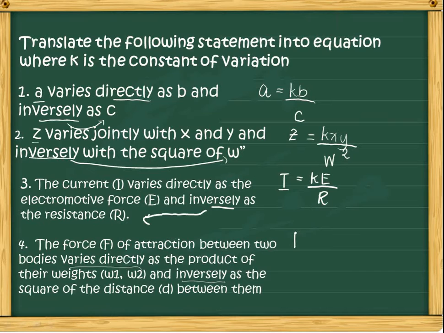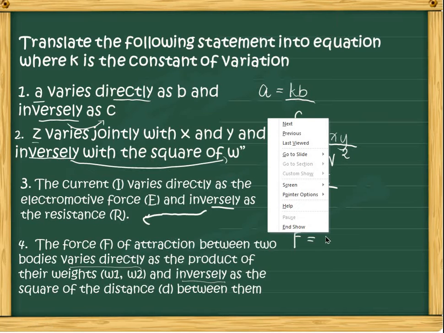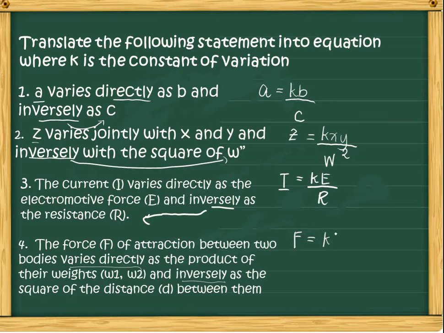So F is equals to, we're going to multiply K to the product of their weights, weight sub 1 times weight sub 2, and we have the word inversely, so all over the square of the distance. So, ini-inverse niya po yung si distance D. D squared. Bakit may square dito? It's because the square of the distance.